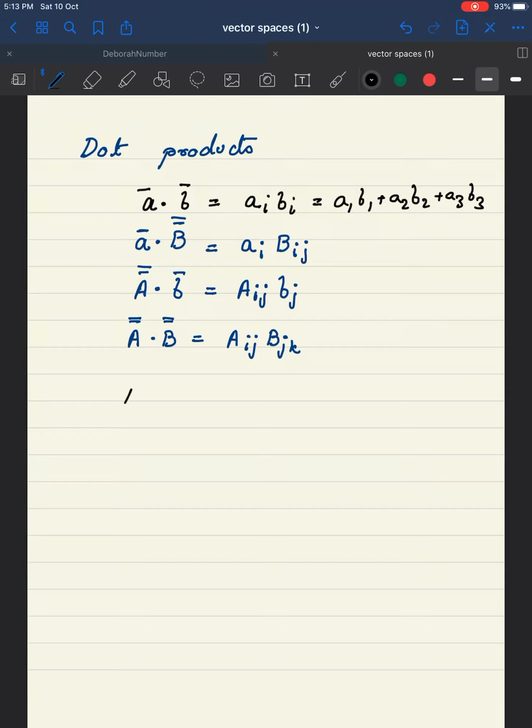Now, there is one more type of multiplication that is defined especially for tensors, and it is often defined by two dots, and this is defined as this. If you have to write it in index notation, then both i and j become repeated indices. And from this definition, you can easily see that if you were to do this as a transpose, then this is Aij and this is Bij.